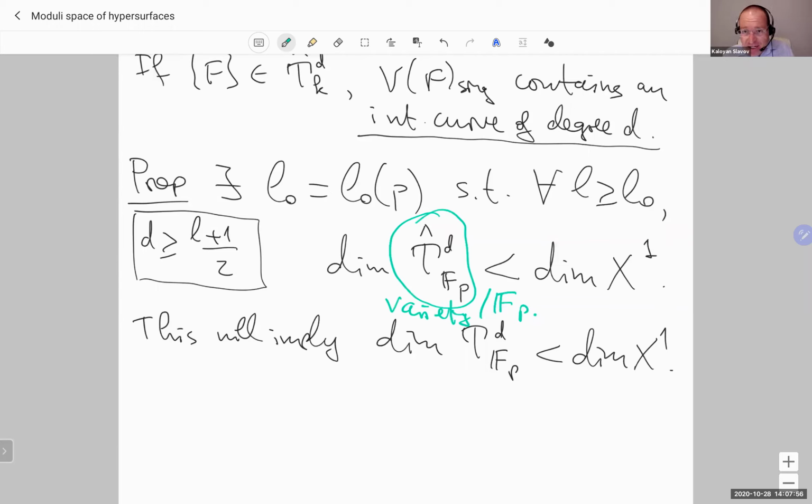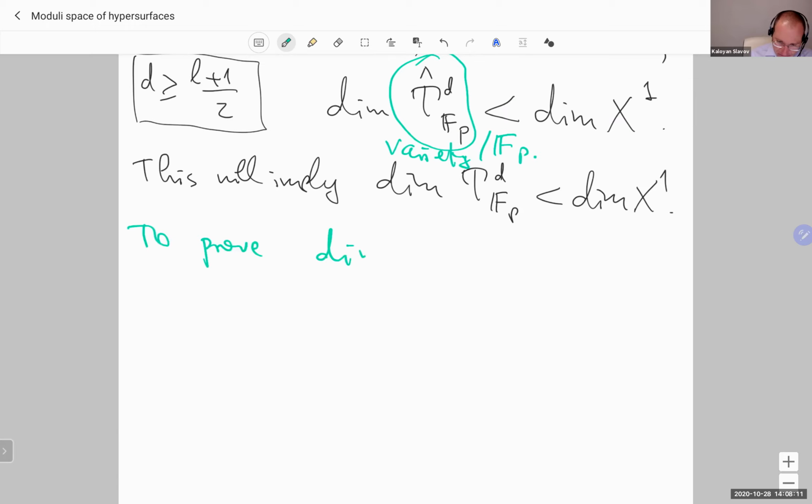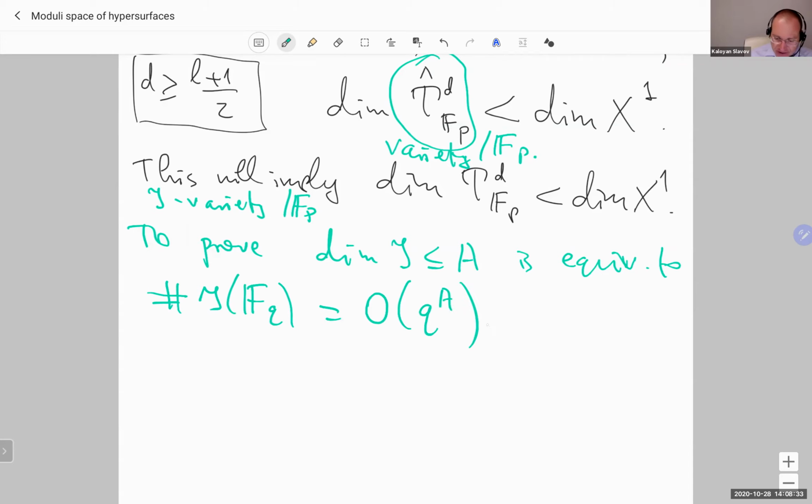To prove dimension, let's say Y is a variety over a finite field, let's say over FP. To prove dimension Y less than or equal to A is equivalent to proving that the number of FQ points on Y grows like big O of Q to the A as Q goes to infinity.